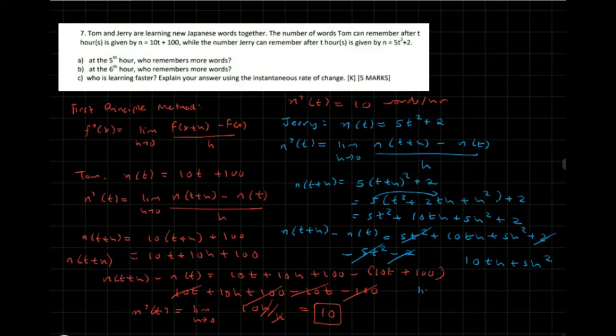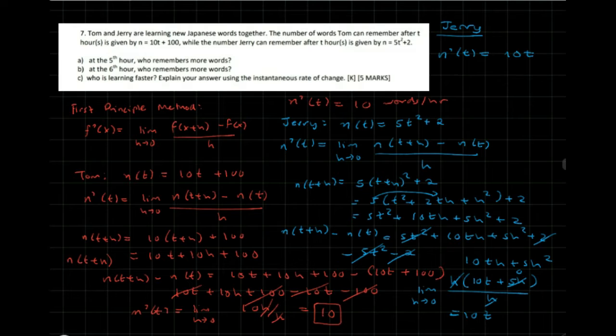So if you rewrite your limit as h approaches 0, I'm going to factor out an h. You get 10t + 5h over h, which cancels out. You let h equal 0, so you get 10t. So for Jerry, n'(t) is equal to 10t.